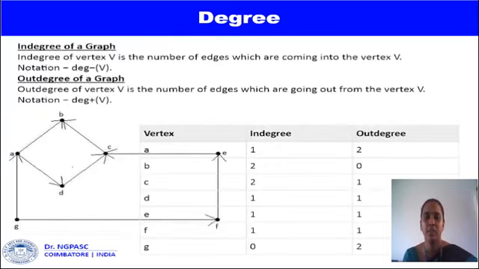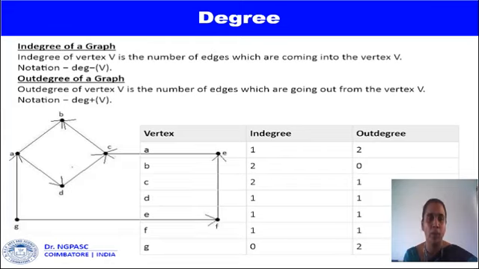Next we will discuss what is meant by in degree of the graph and out degree of the graph. In degree means the number of edges coming into the vertex V. This is known as the in degree of a graph. Whereas out degree of a graph means the number of edges going out from the vertex. If we take vertex A, there are 2 out degrees here.